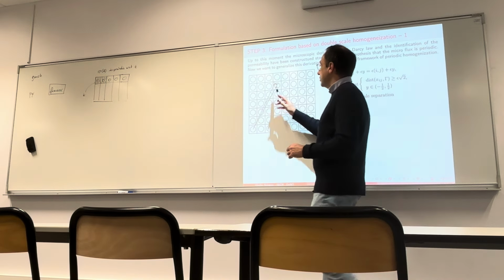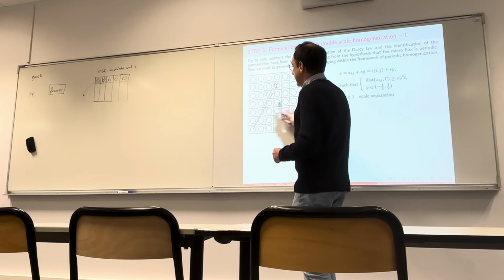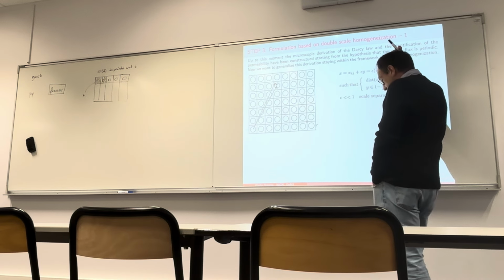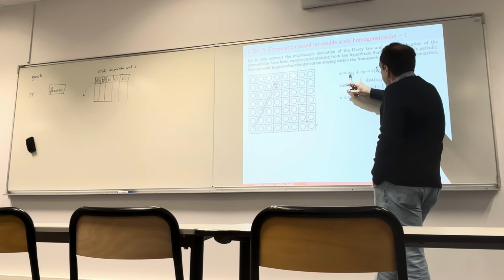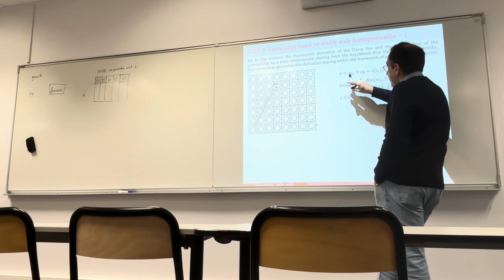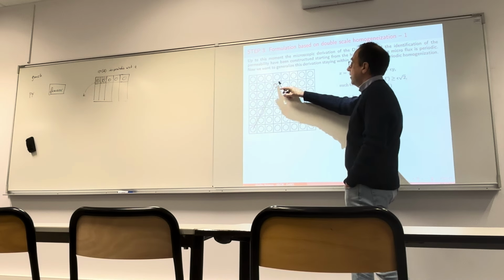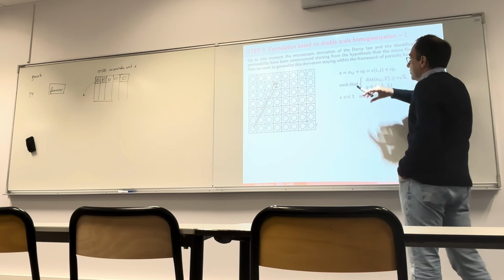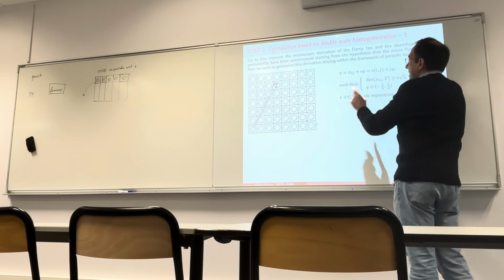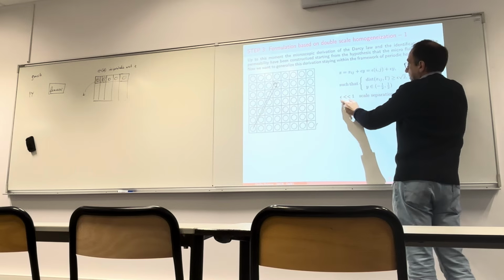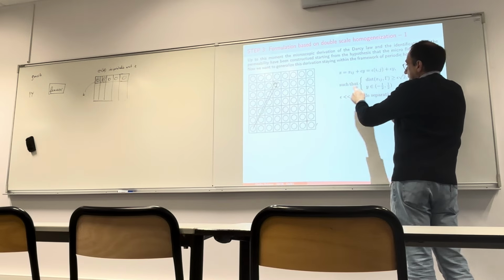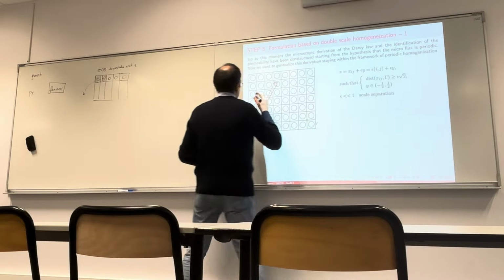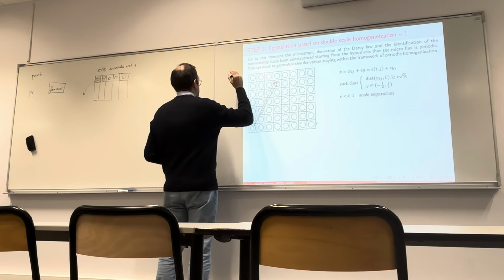Each position x within this domain is split into the coordinate of the centroid of the singular cell plus epsilon y. Epsilon in this case is the characteristic size of the cell.